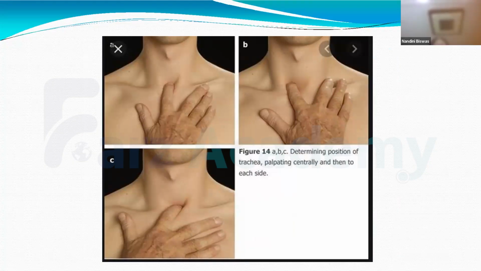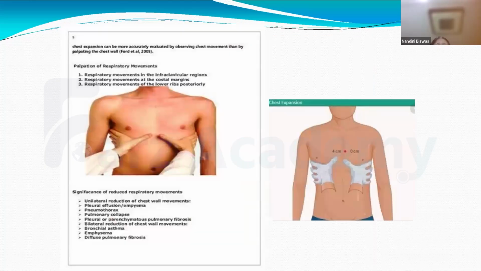You palpate the trachea, you put your right index finger or the right middle finger on both sides of the trachea. Don't press too hard on the trachea because that can cause discomfort for the patient, and make sure that the space is equal in between both sides. So this is how you do the tracheal examination.